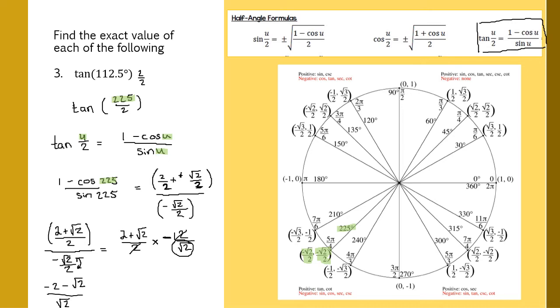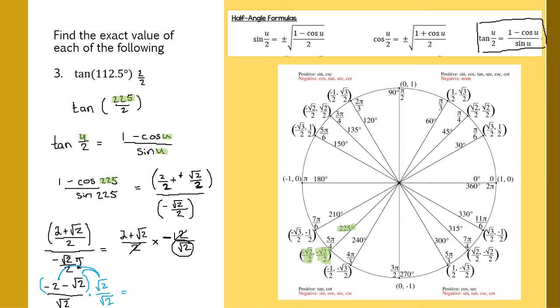And now we are not quite finished because we do still need to rationalize. I'm going to multiply top and bottom by this radical 2. And here, don't forget to distribute. This gets multiplied to the whole number, and it gets multiplied to the square root.